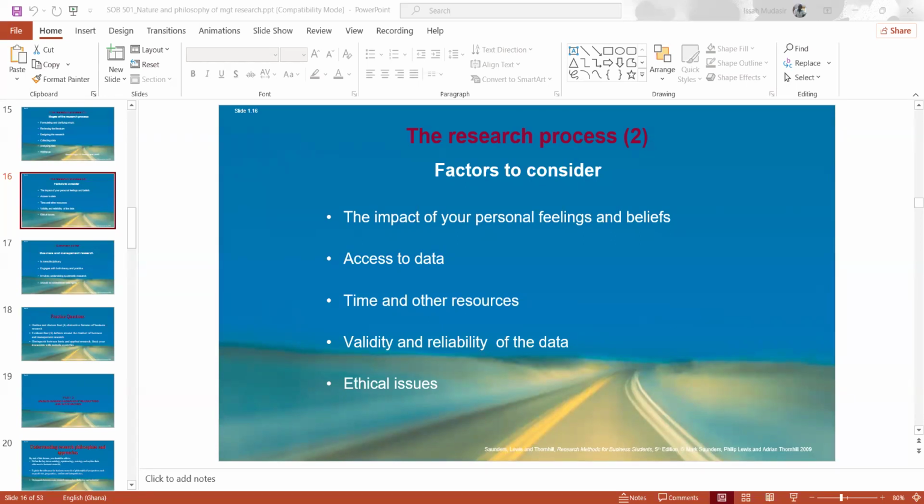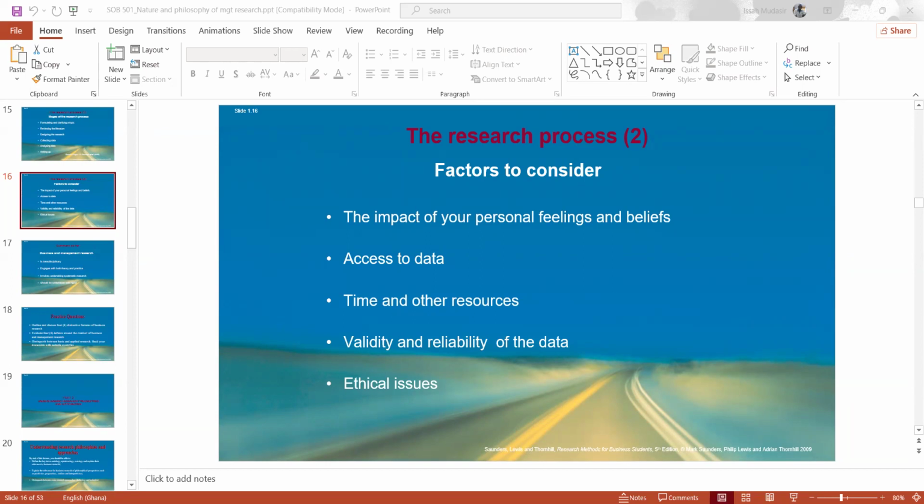So this calls into question how the questions are crafted. So we have questionnaire design. There are also technical issues there. How to design the questionnaire so that you will collect the data that you actually intend to collect. Okay.